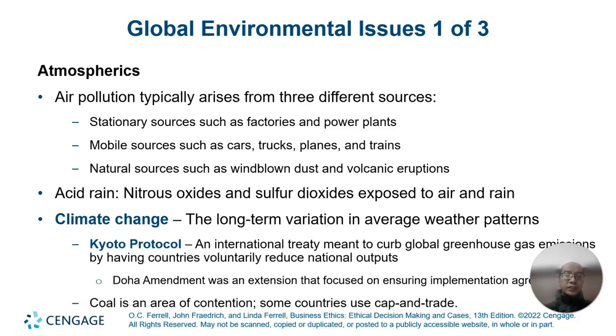And then climate change. People have been talking about climate change, which is the long-term variation in average weather patterns. Usually climate change is when weather becomes unpredictable, where there is a rise in global temperature. Those are examples of climate change. So the Kyoto Protocol was established.